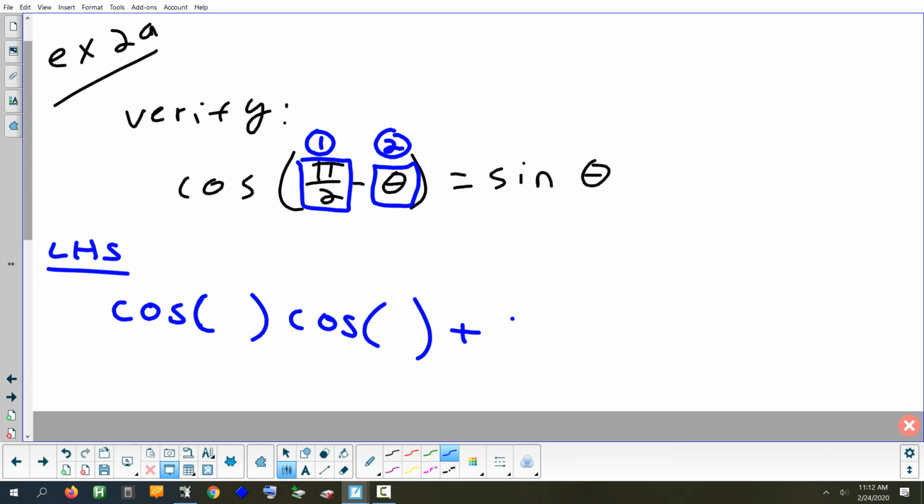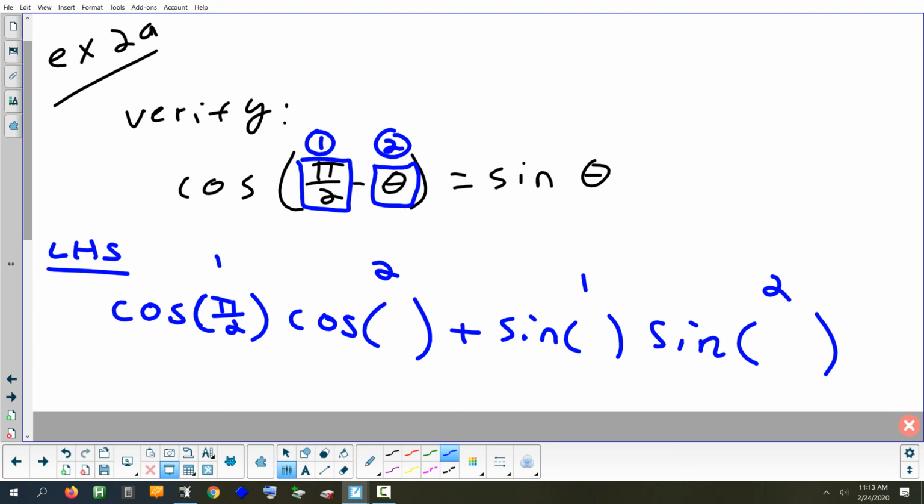Plus, and then the next two? Sine, sine. So that's what I usually do first. Cosine, cosine, sine, sine. And now fill them all in. Pi over 2, theta. Pi over 2, theta. 1, 2, 1, 2. Pi over 2, theta. Pi over 2, theta.